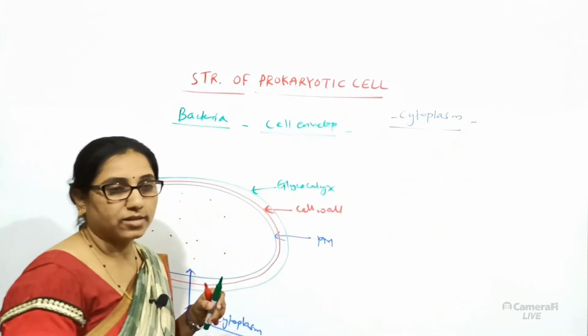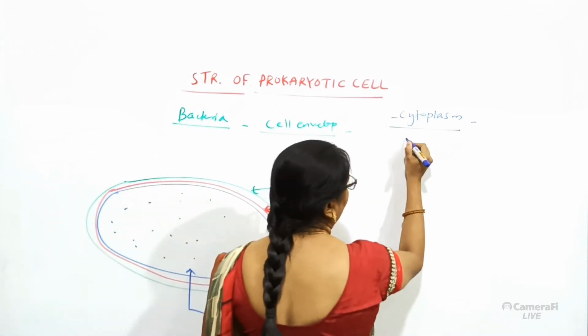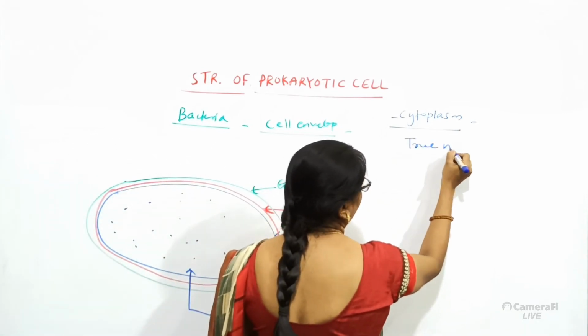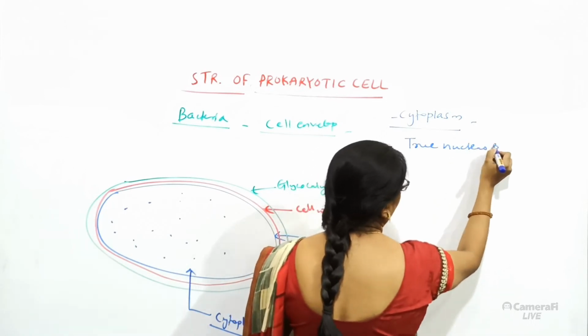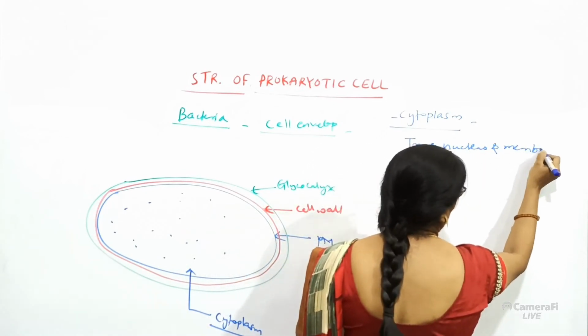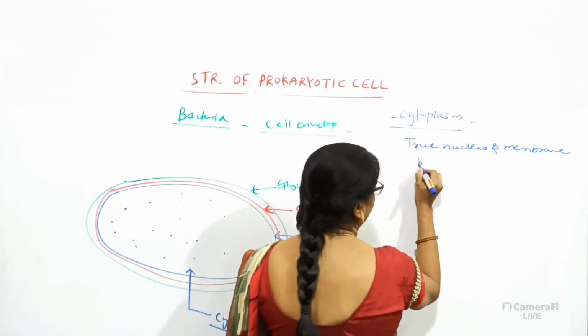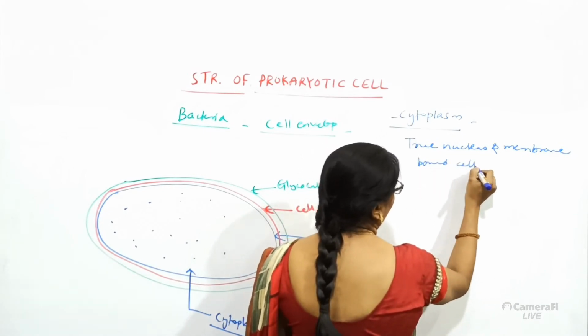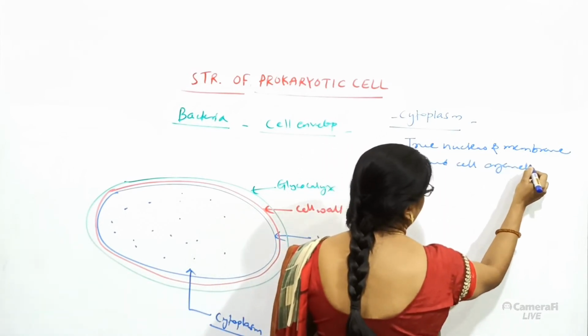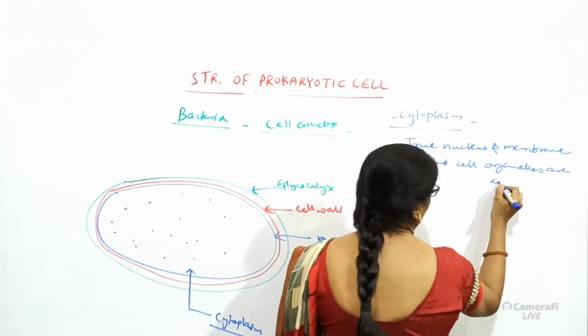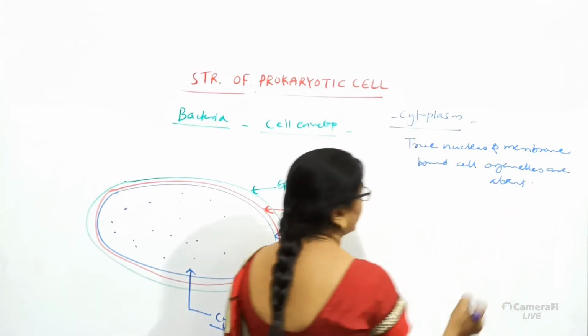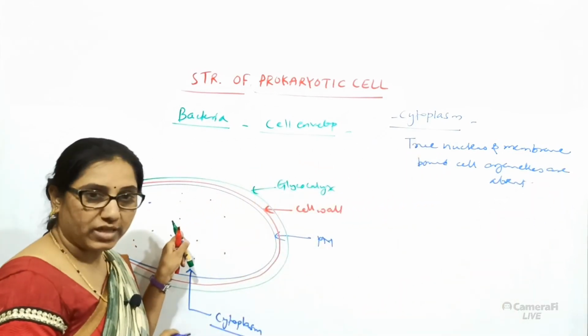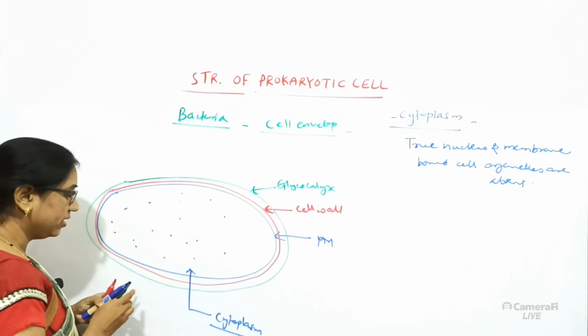Inside the cytoplasm, there is no well-developed nucleus. So a true nucleus and membrane-bound cell organelles are absent. Then what is present? It shows a very simple structure because of that.